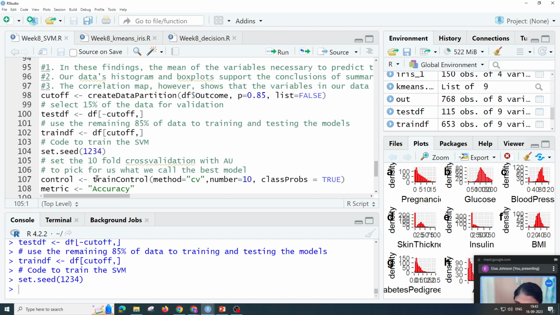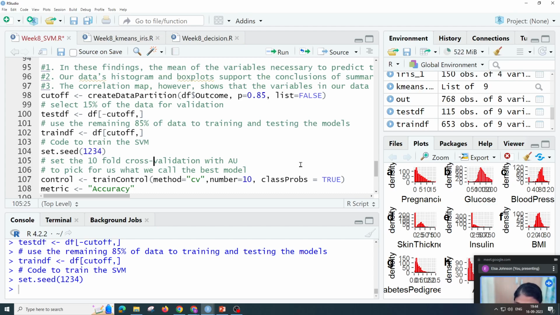Now I'm going for a tenfold cross validation. I think you have already seen cross validation in the previous lectures, right? Here the whole train data will be converted to 10 sets, and one set will be kept for validation while the other 9 are taken for training.